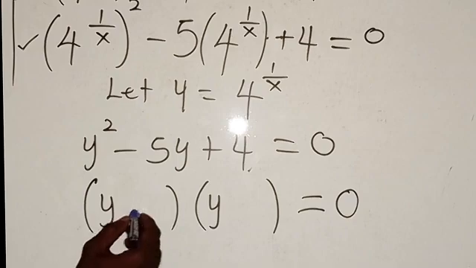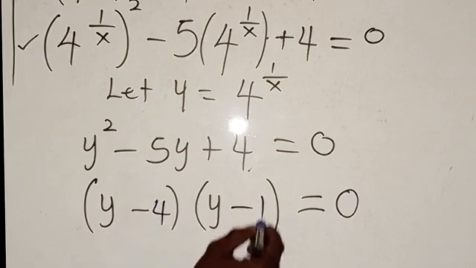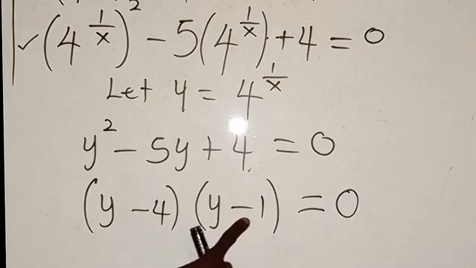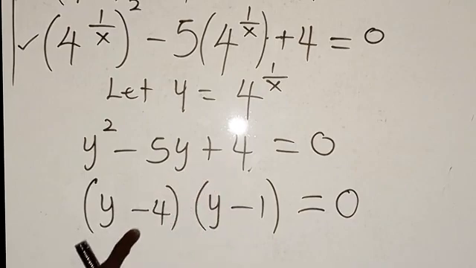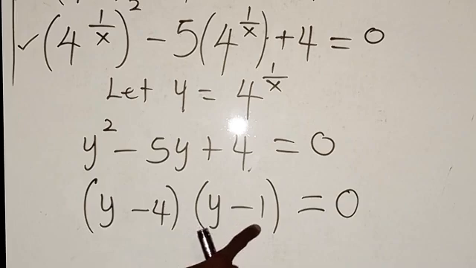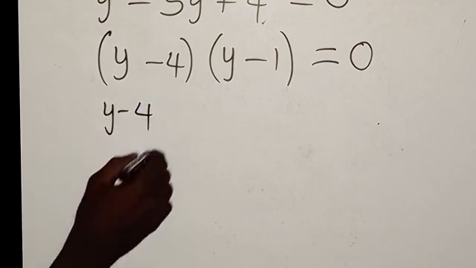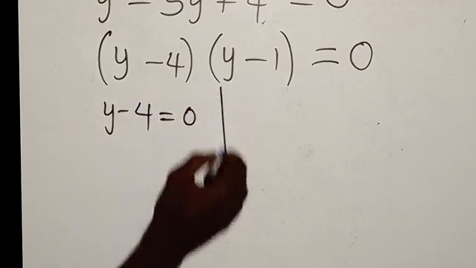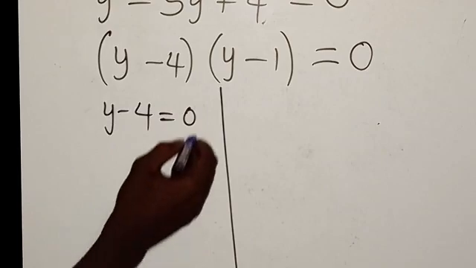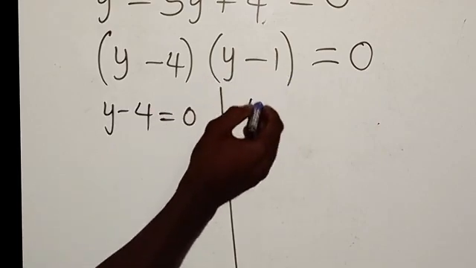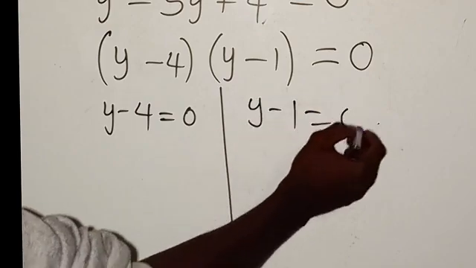And that is going to be minus 4 minus 1. So minus 4 times minus 1, we're going to have plus 4. Then minus 4 minus 1, we're going to have minus 5. So therefore, we have y minus 4 times y minus 1 equals 0. That's the equation. From this, y minus 4 equals 0, then y minus 1 equals 0.